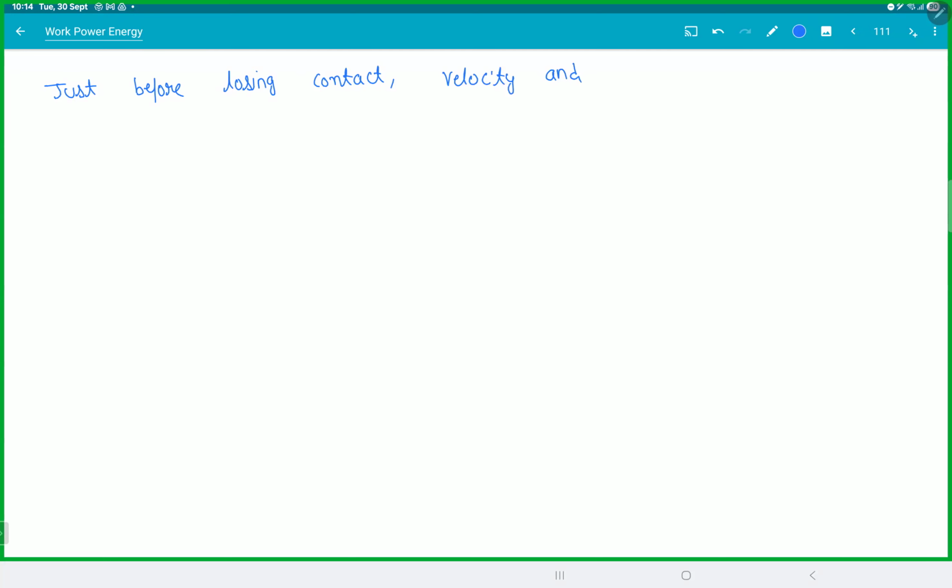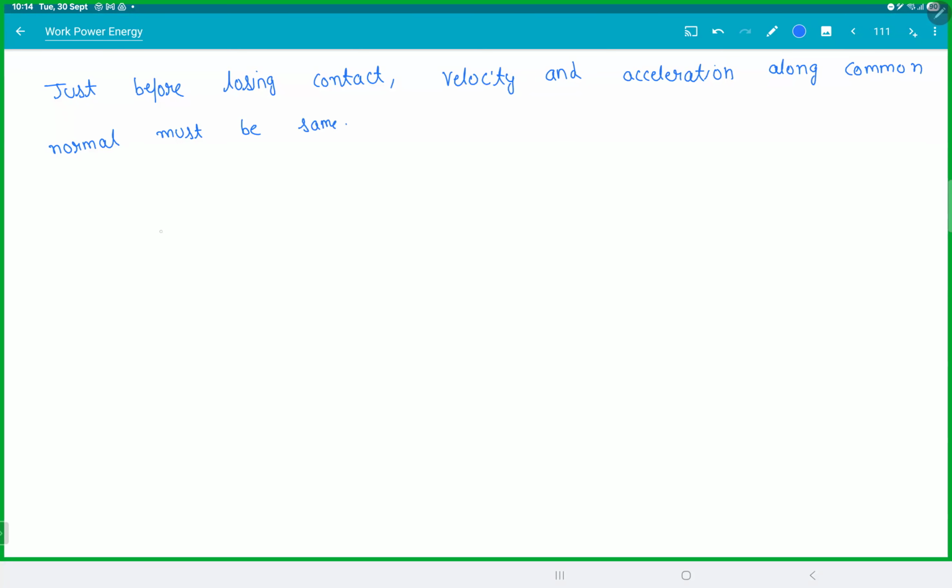So you get more data from the rigid body constraint. Velocity and acceleration along the common normal must be the same, just before losing contact.